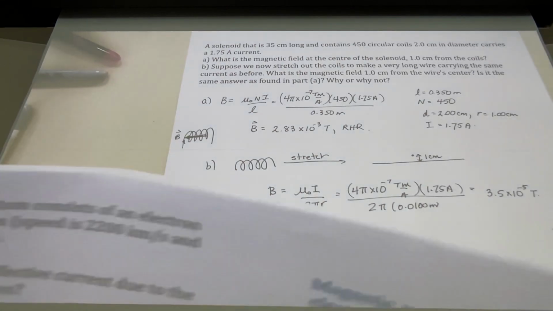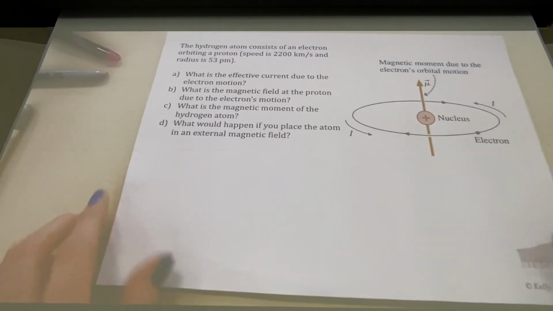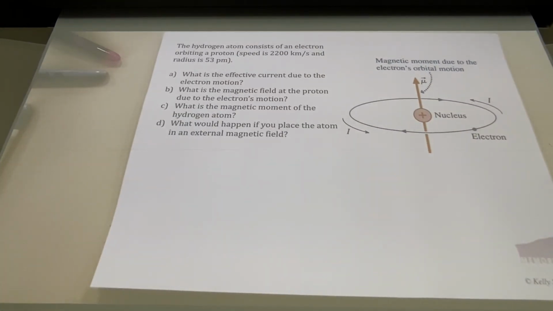So the last example we'll do is one of my favorite examples, and it leads us into talking about permanent magnets. If we think about a hydrogen atom, it's got a proton at the center and an electron whipping around it. An electron is charged and it's moving. That's kind of the same thing as a current, right?